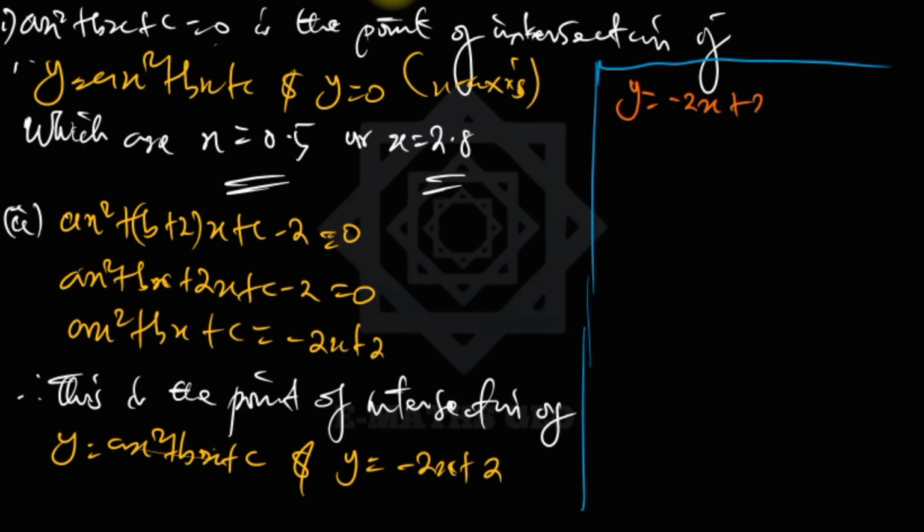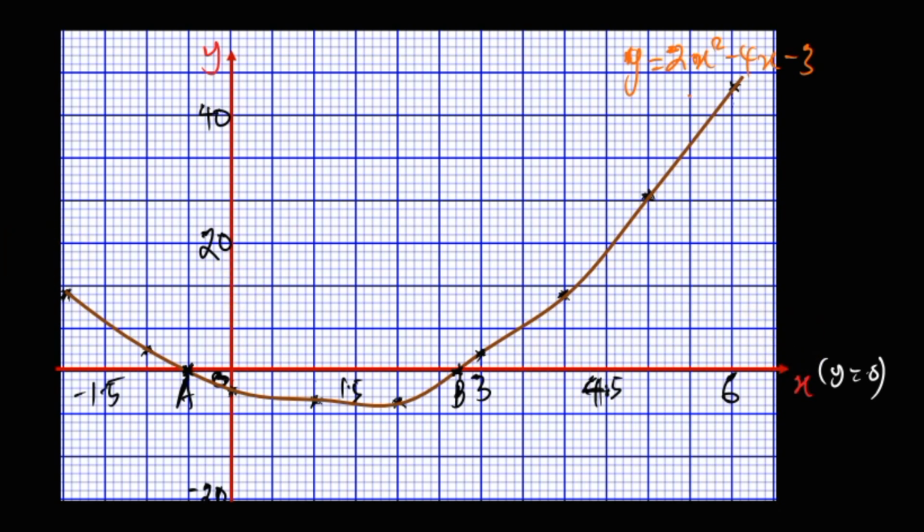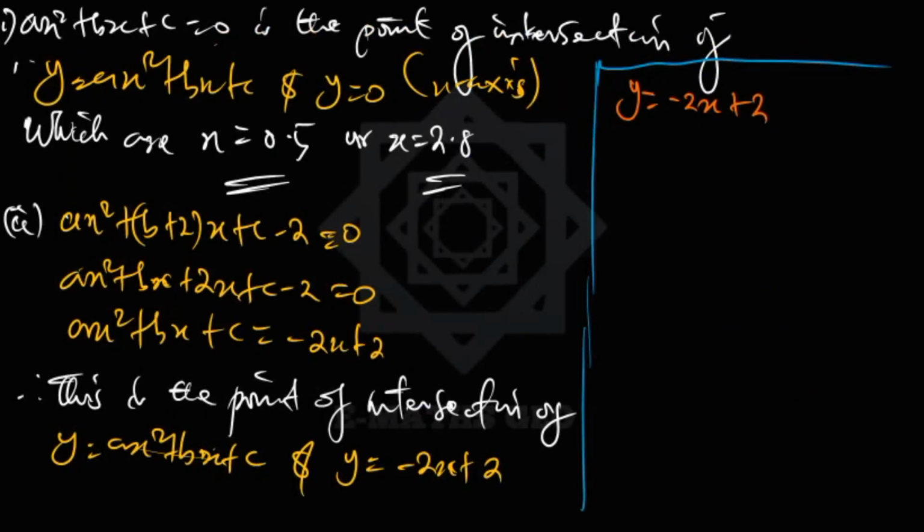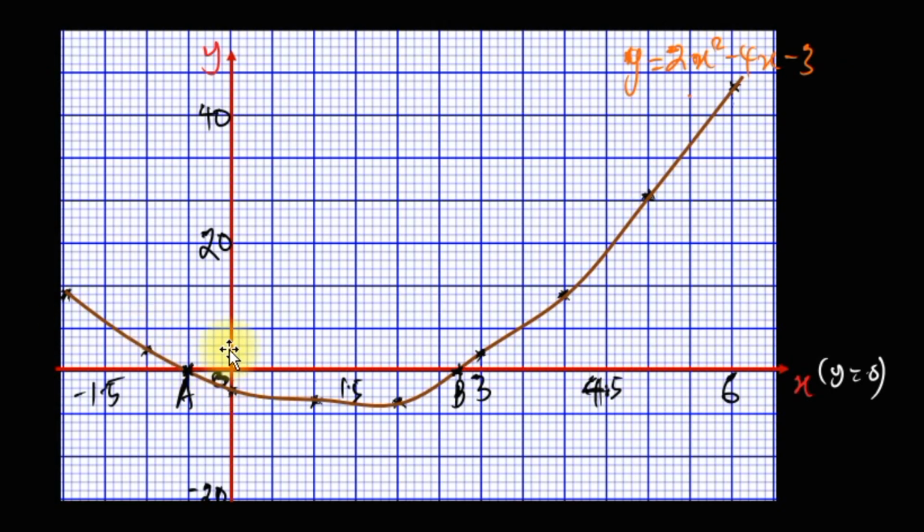Let's choose points that are within the grid. If I check x equals 0, y is 2, and 2 is within this interval.